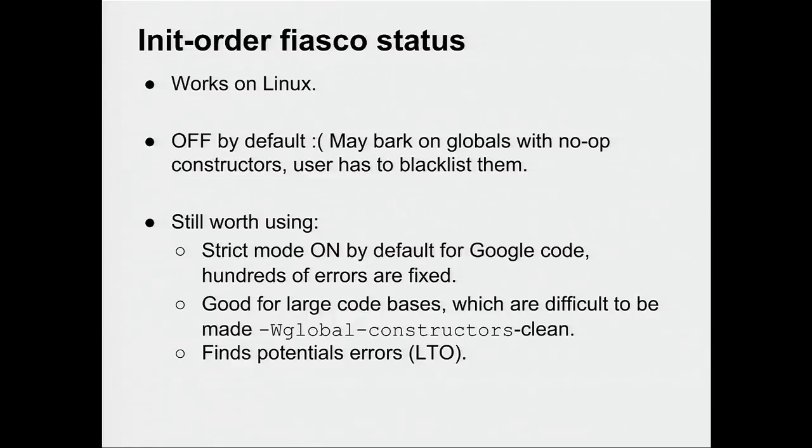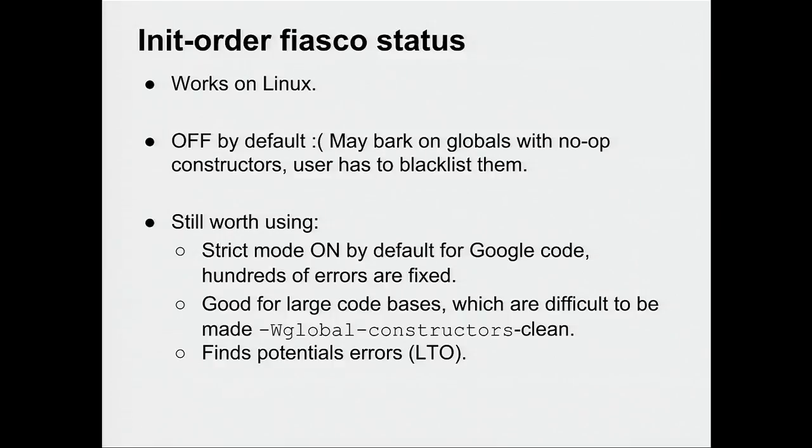But it still requires some manual work. However, it works fine on Linux. It doesn't work on Mac because we have to register all the globals from all the modules before we run initializers from each module. On Linux, we can use priorities in constructors, but we don't do this on Mac.